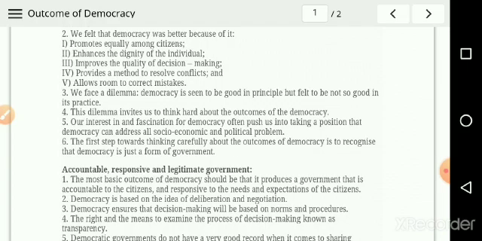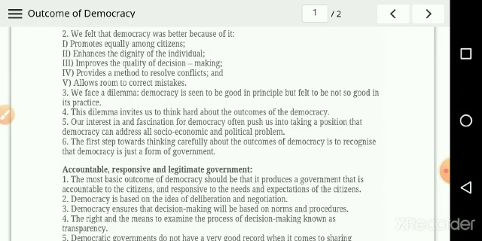Our interest in and fascination with democracy often push us into taking a position that democracy can address all socio-economic and political problems. According to our theoretical understanding, we believe that democracy alone can take the decisions and solve the problems of the society.